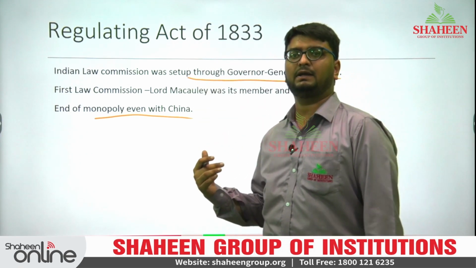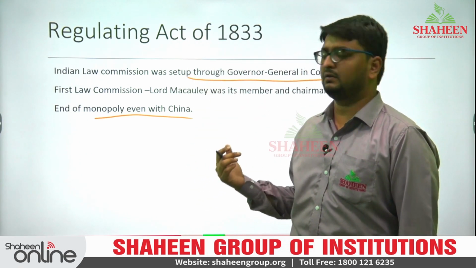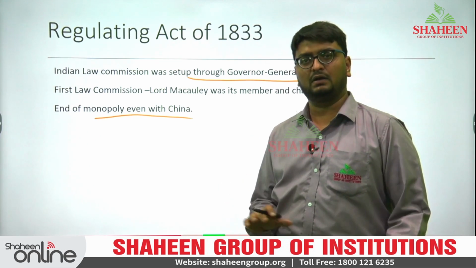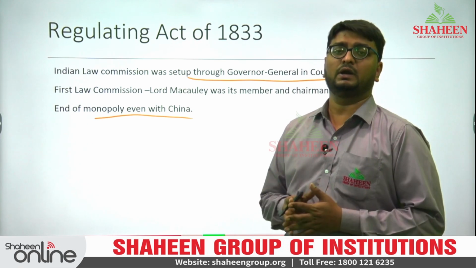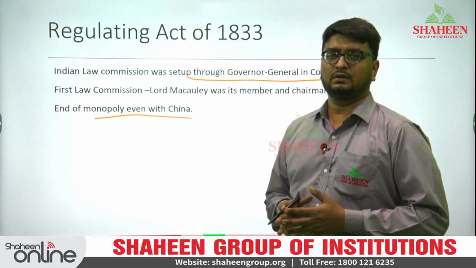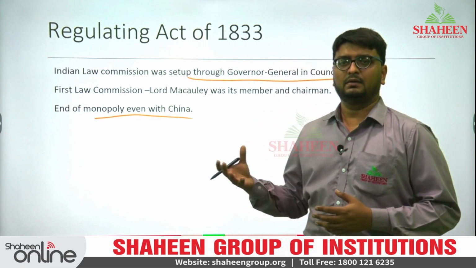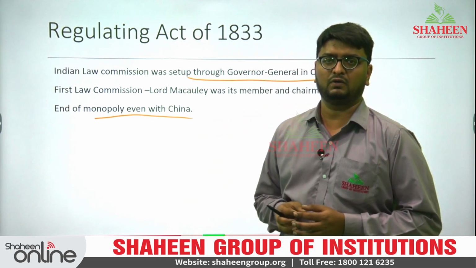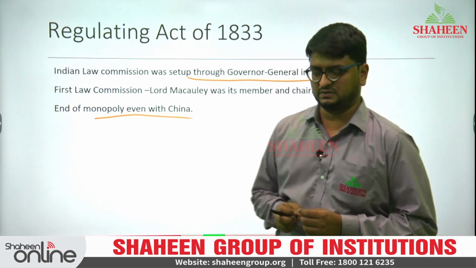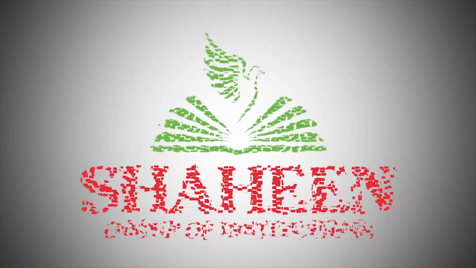The next regulating act is the Regulating Act of 1853, where the East India Company's powers were reduced further. Finally, the British government takes over the East India Company by 1858, Queen Victoria's proclamation. Thank you very much.